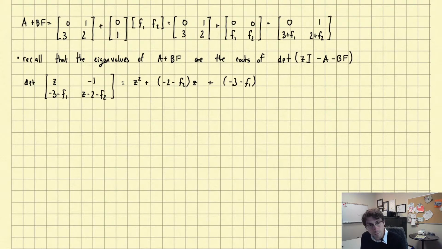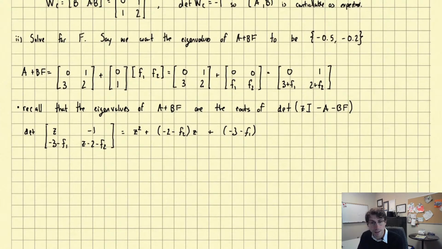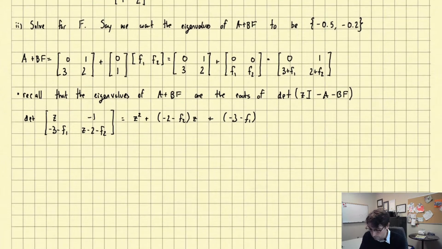Okay. Now we said that our desired eigenvalues are negative 0.5 and negative 0.2. So why don't we use those desired eigenvalues to generate a desired polynomial, just like we've done before? I'm going to use the same notation, in fact.